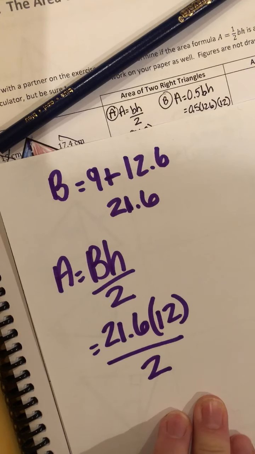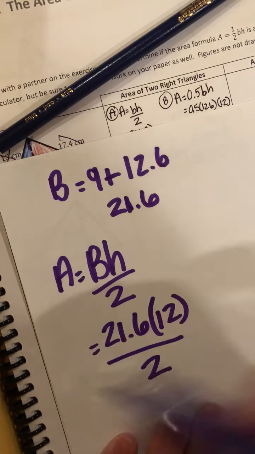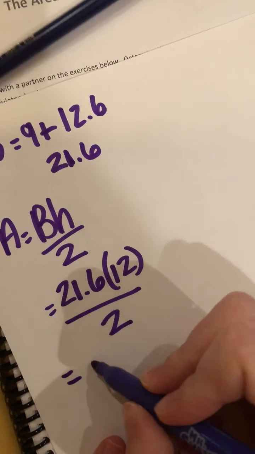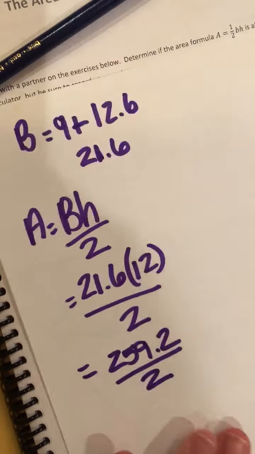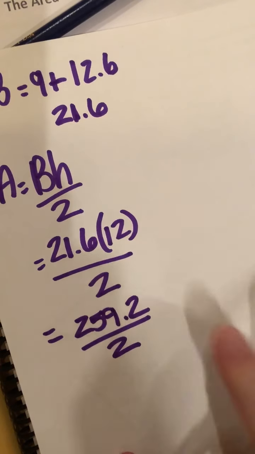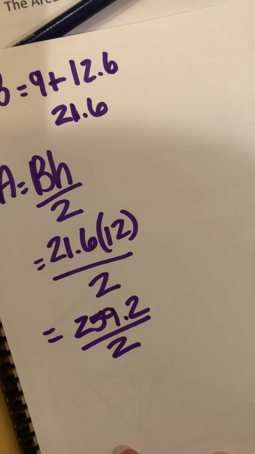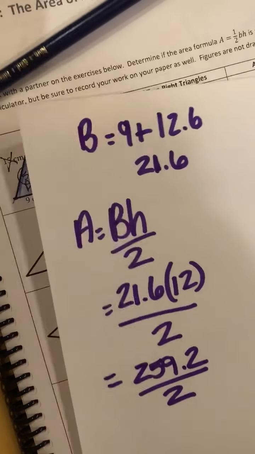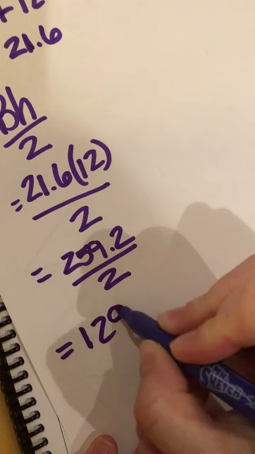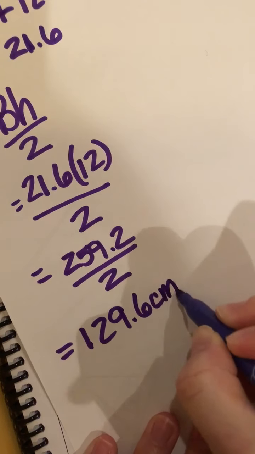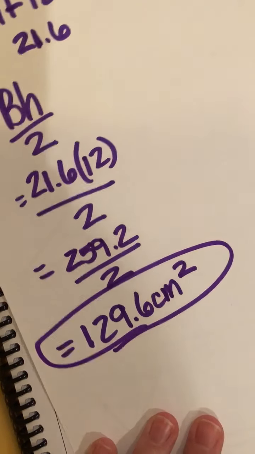So entering it into my calculator, 21.6 times 12, and I'm writing it down every step. I got 259.2 divided by 2. See, I'm not skipping steps because I'm using a calculator. Divided by 2 is 129.6 centimeters squared because it's area.